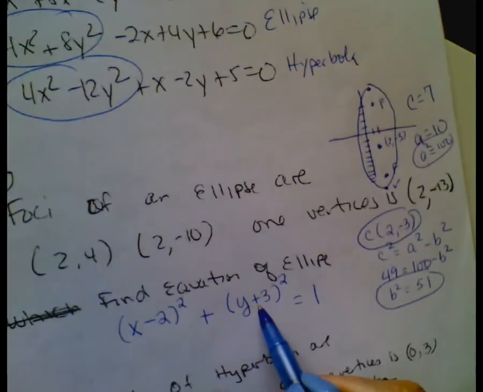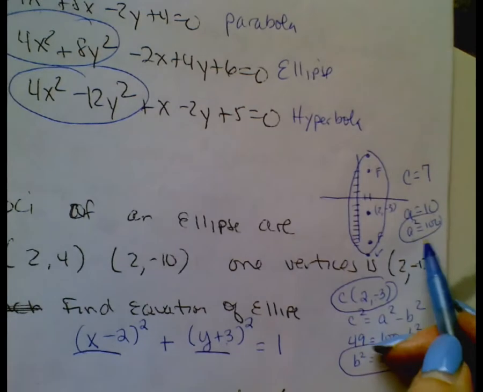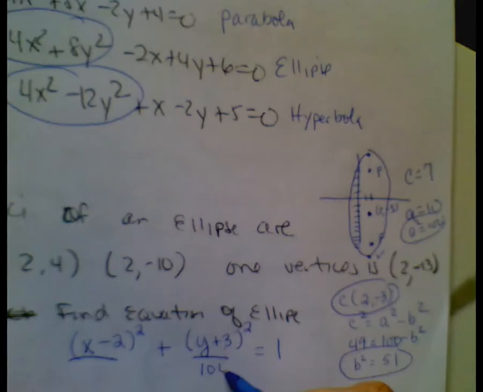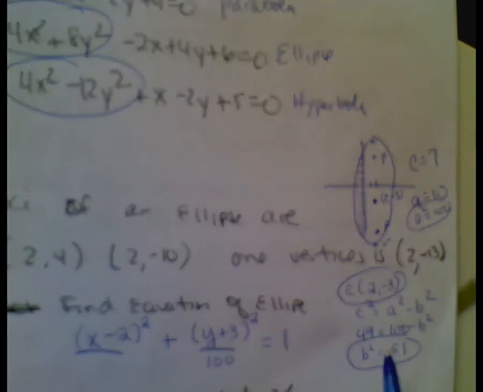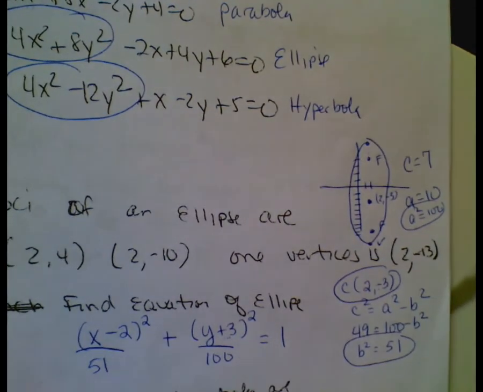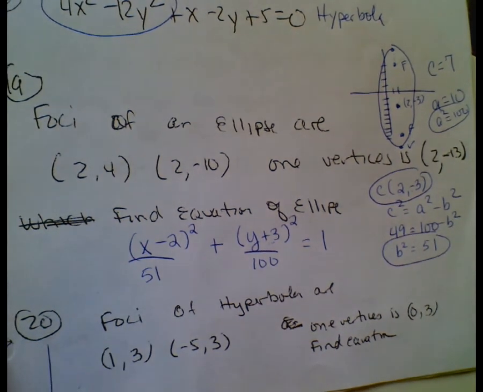If that's a -3, that should be a +3. And then a squared is 100. That's the bigger number that has to go under the y because it's vertical. And the 51 is the smaller number, and it needs to go under the x. And that's your equation.